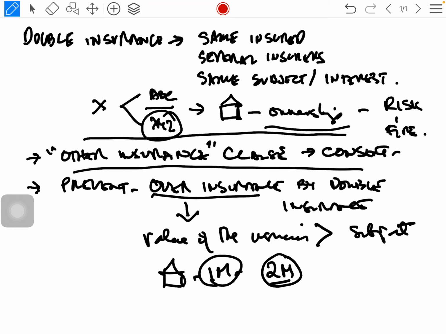So if you now have two insurance companies, each insuring the house for 1 million, the situation now is they would have to share proportionately.